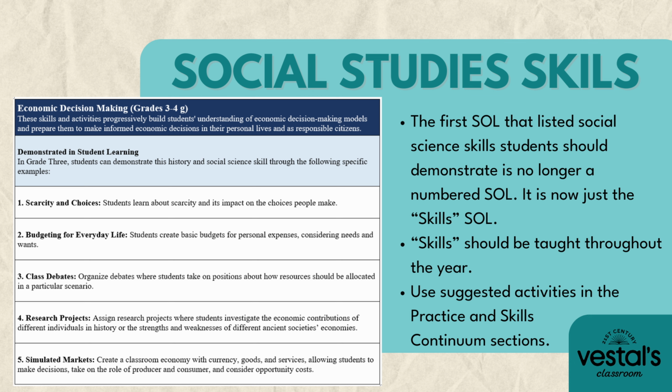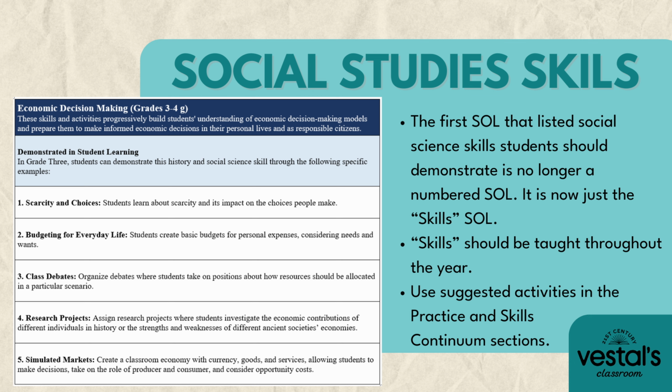The other place you can look in the instructional guide is before the detailed breakdown of the SOLs. You are going to see information and charts that look just like this, where it's going to break down each skill. So one of the skills is economic decision making. And in grades 3 and 4, this is letter G on the list of skills.